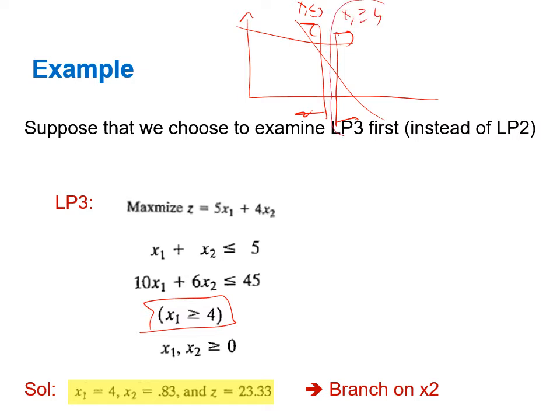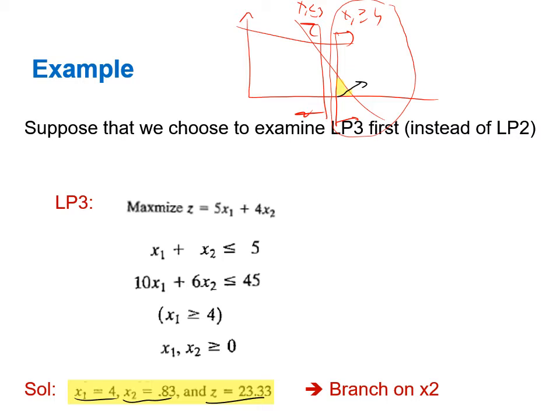Now I'm considering this right-hand side, and trying to find the best integer solution on that right-hand side. Now the feasible region on the right-hand side is this triangle over here. And my objective function's improving direction is this one.